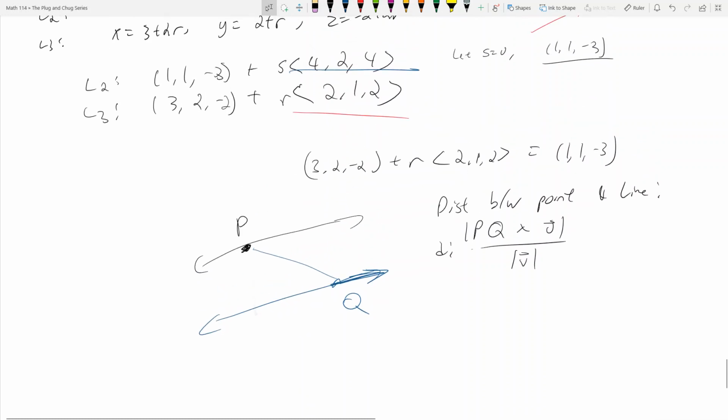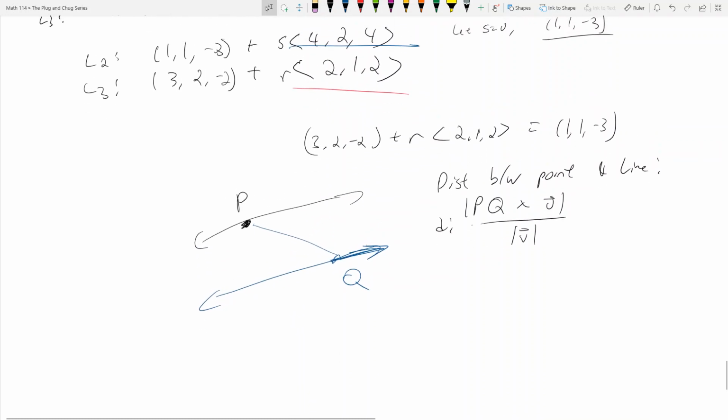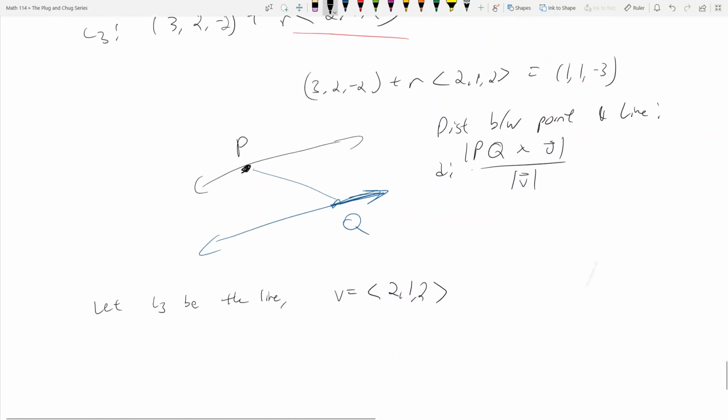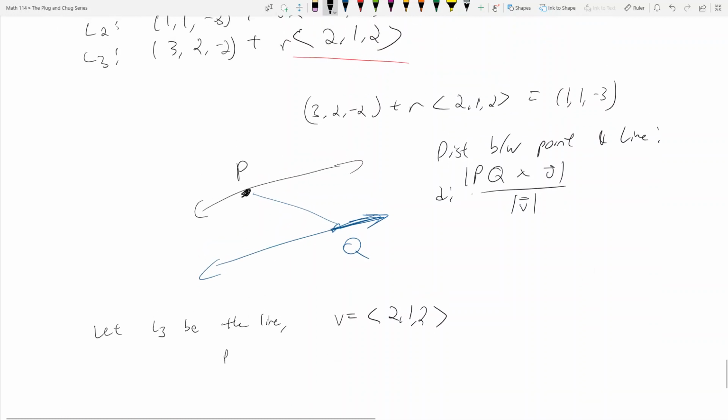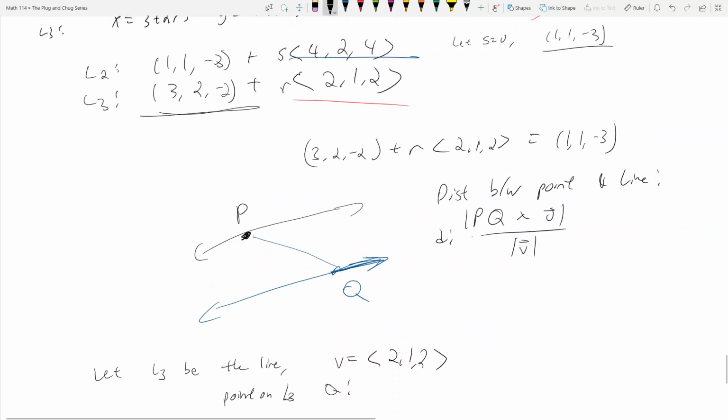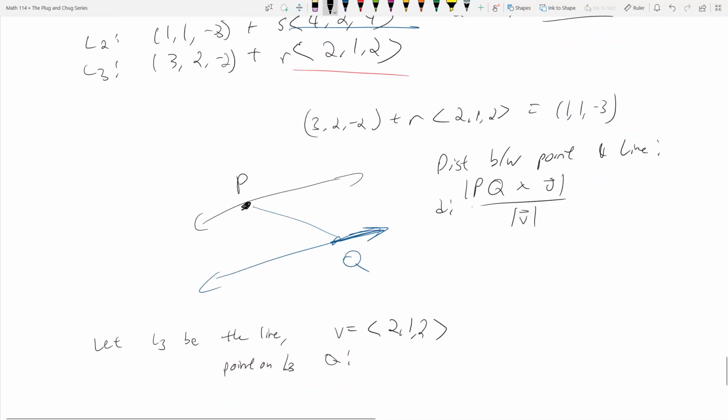So how do we do this? In this case, we're going to let L3 be the line. Our vector component then is (2, 1, 2). And then we need a point on L3, which is going to be Q, and we can just take (3, 2, -2), because that's when r is equal to 0.